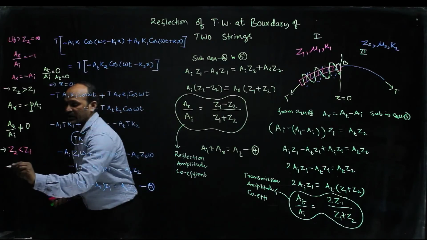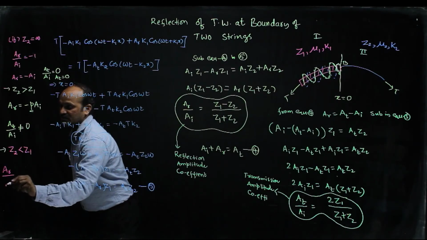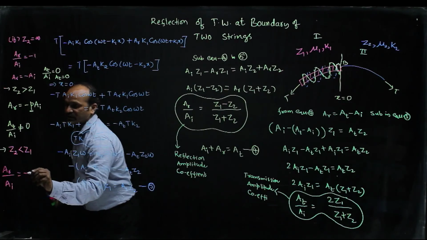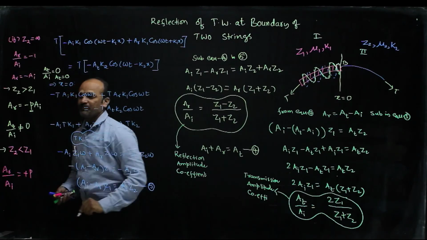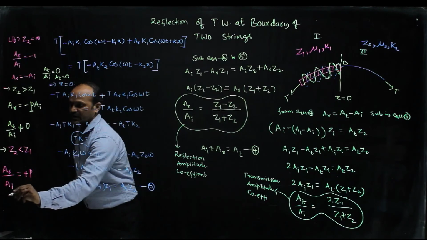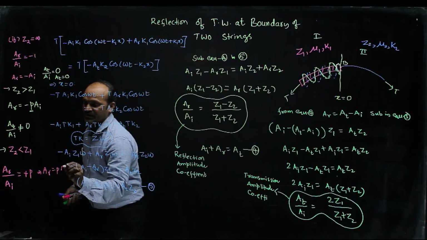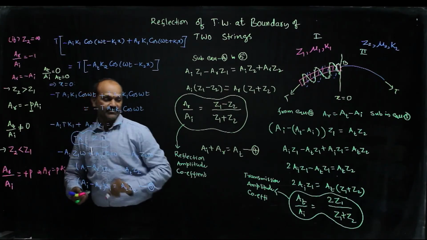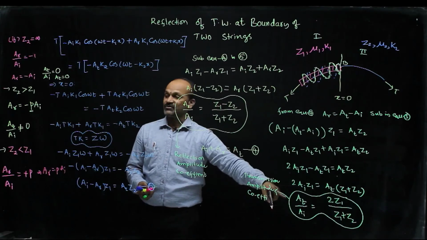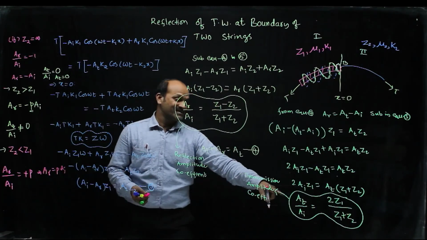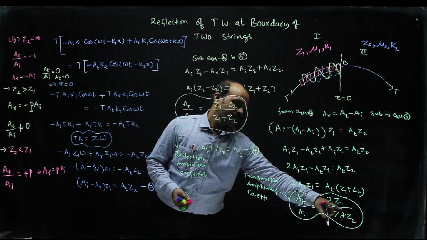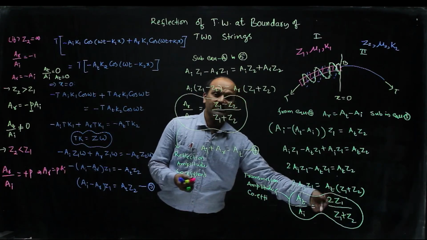Okay, so AR by AI is some positive value, some number is there, right? So AR is equal to some number times AI. Now see this equation, if Z2 is less than Z1, here also it gives another value.